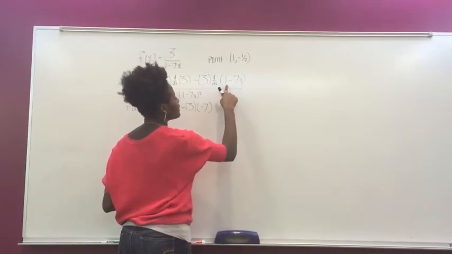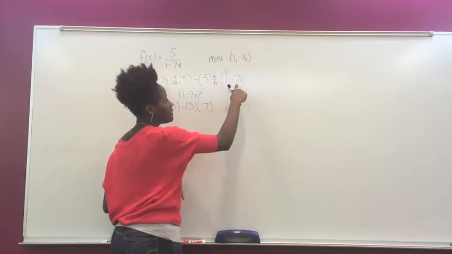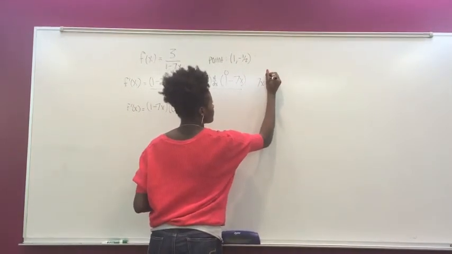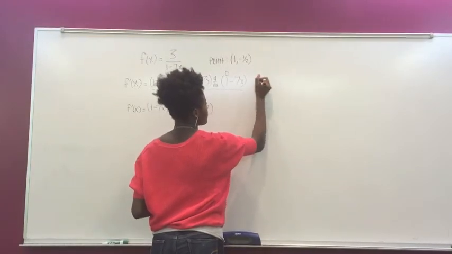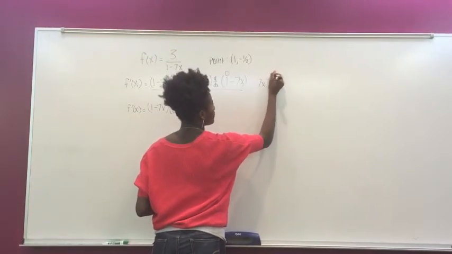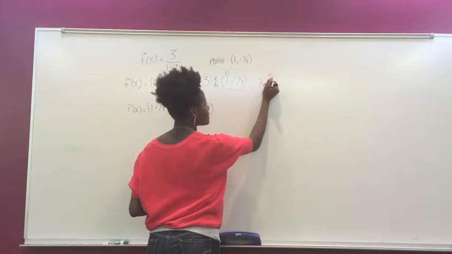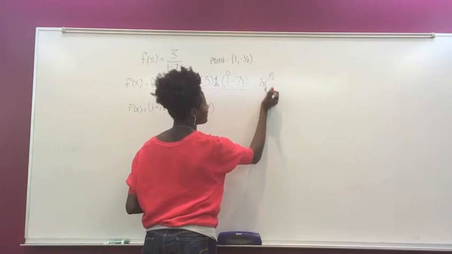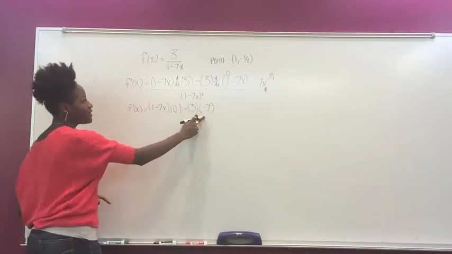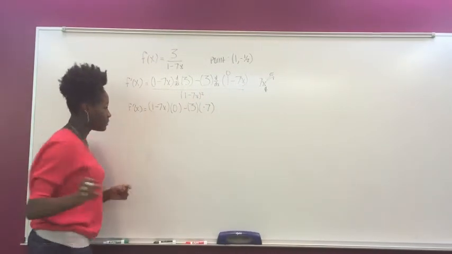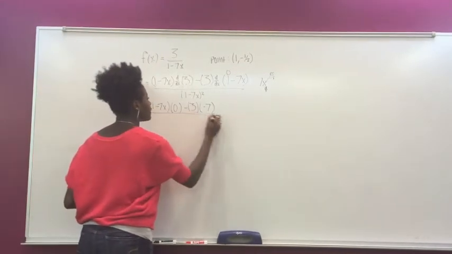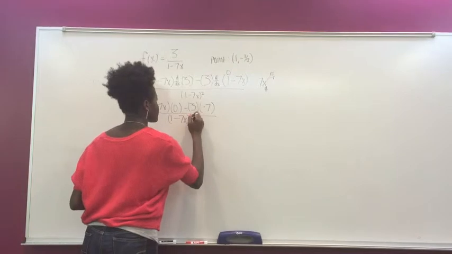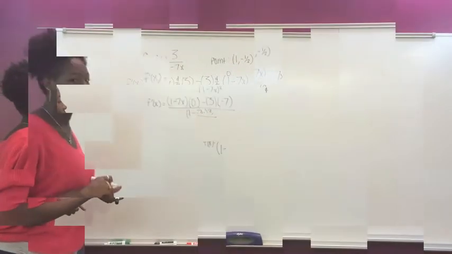And the derivative of 7x is 1 times 7, so 7: 1 minus 1 is 0, x to the 0th power is 1, so 7 times 1 is 7. That's how you get the 7, and the negative sign stays with it. All over (1 minus 7x) squared.